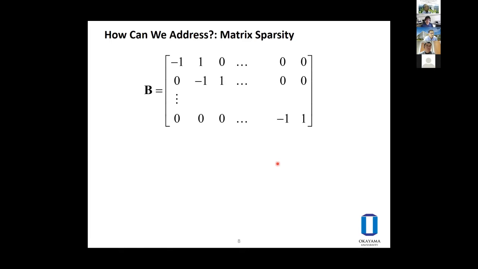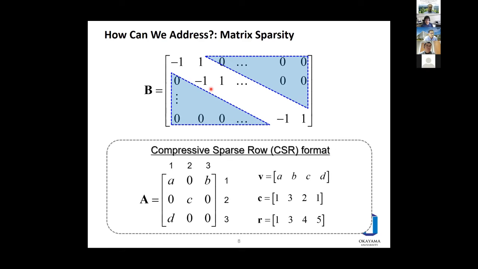In order to address these issues, we take advantage of the sparsity of the B matrix. This is an example of the B matrix. As you can see, most of the entries of the B matrix are 0. In order to reduce the memory consumption, you should store only the non-zero entries.